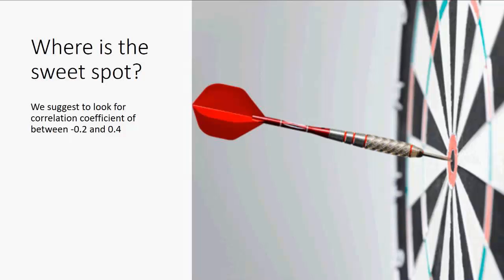So we suggest looking for a correlation coefficient of between -0.2 and +0.4. Remember, and I did point this out just before, and write this down if you want to, that correlation is only one part of choosing an investment asset.